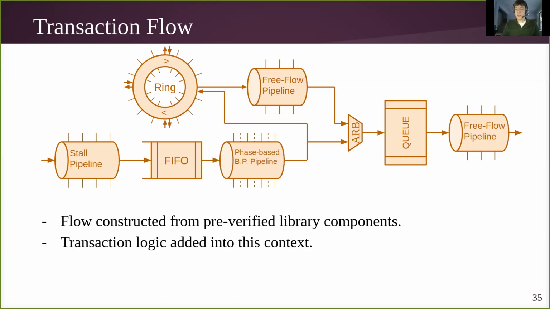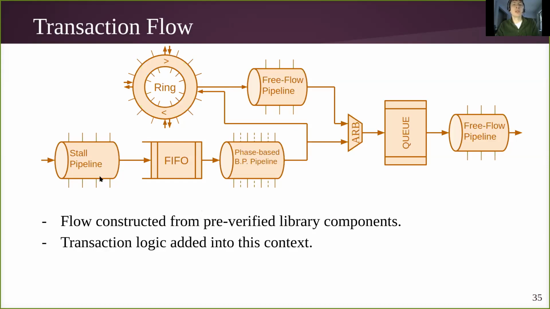Okay, so that was a simple stall flow. As I mentioned, there's a library of flow components, and we can use that library to construct a more interesting flow. So in this example, it's a somewhat contrived flow just representing various types of flow components.